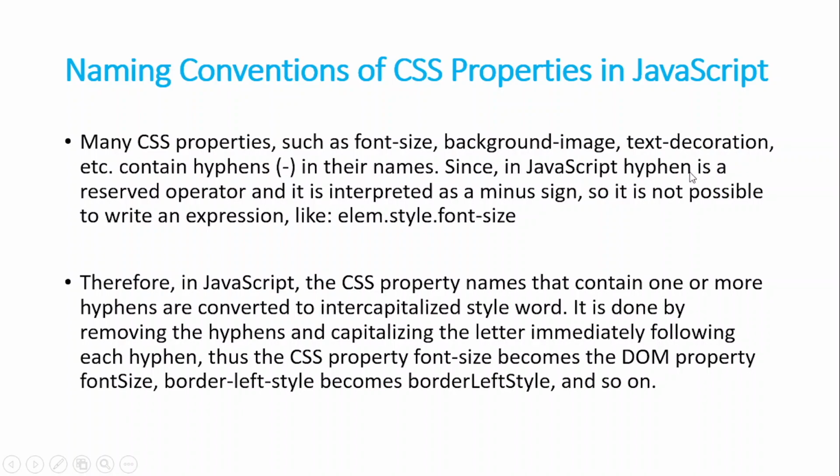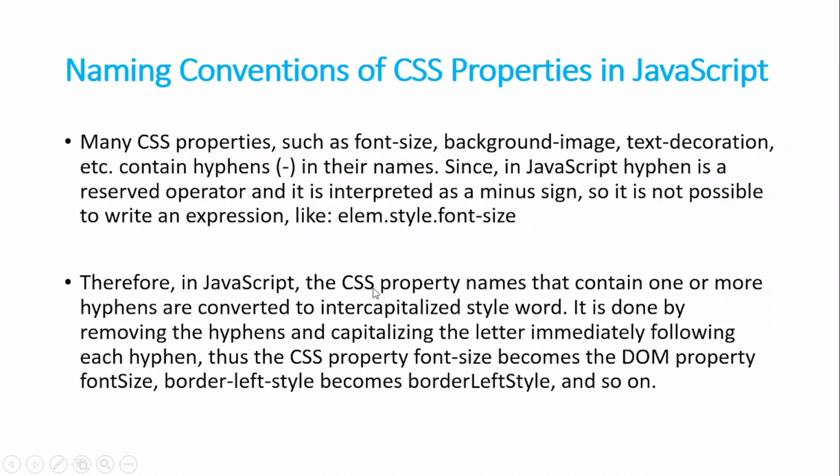Since in JavaScript the hyphen is a reserved operator and is interpreted as a minus sign, it is not possible to write an expression like elm.style.font-size. If the property name contains a hyphen, we cannot write it like this.